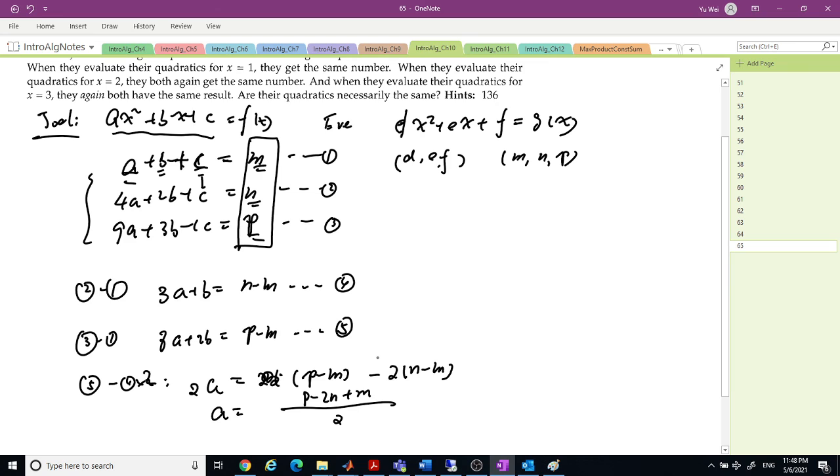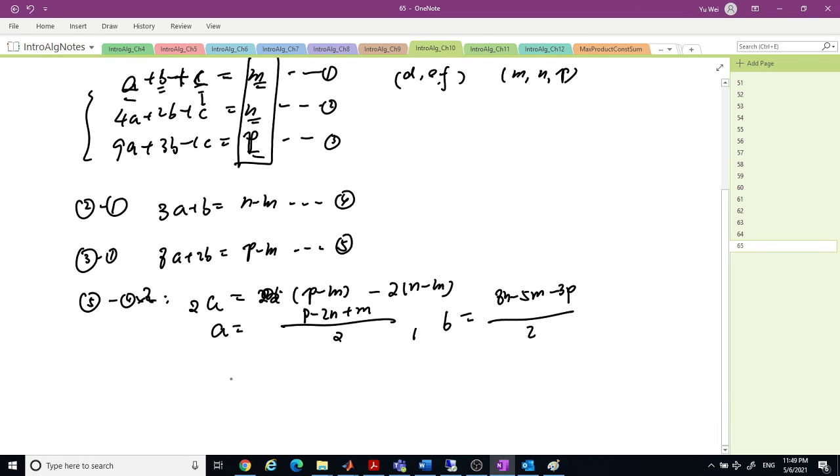Okay, and also we can try to solve b, right? b is equal to 1 over 2 times 8n minus 5m minus 3p. Okay, so you can see basically we can solve a, b, c.